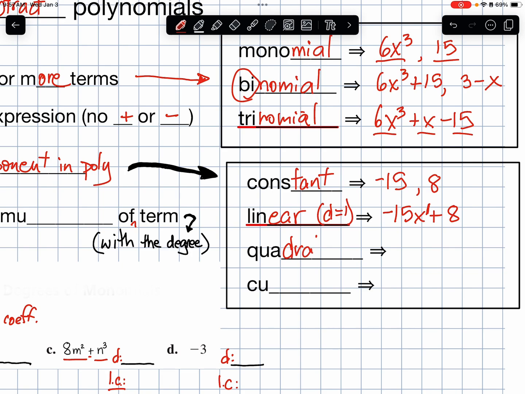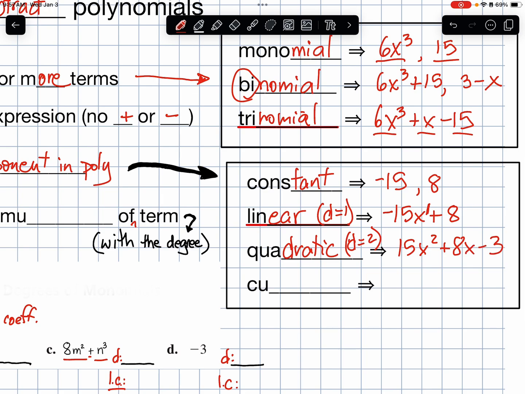Now, if you are a quadratic, quad usually means 4, but in this case, because of language issues, it actually means 2. There's 2 dimensions to a square, to a quadrilateral. So for example, 15x squared plus 8x minus 3.